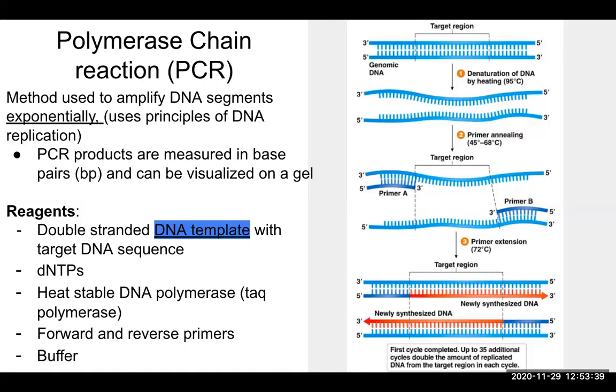A lot of the times people will use the Taq polymerase, and this Taq polymerase just comes from a heat-resistant bacteria. So it's able to undergo all the high temperatures that you'll use in a PCR protocol. You'll also need forward and reverse primers that are gonna anneal to your target region of DNA. And you also need a buffer.